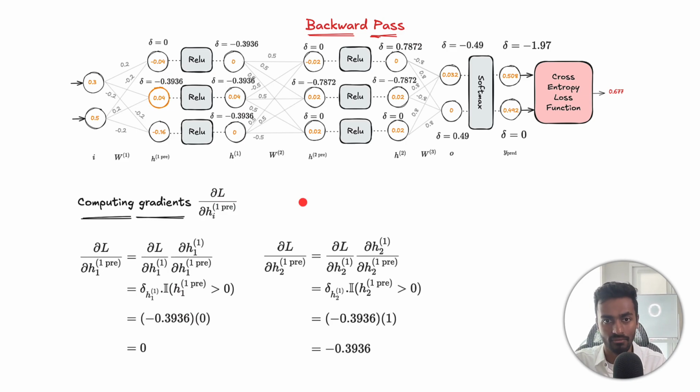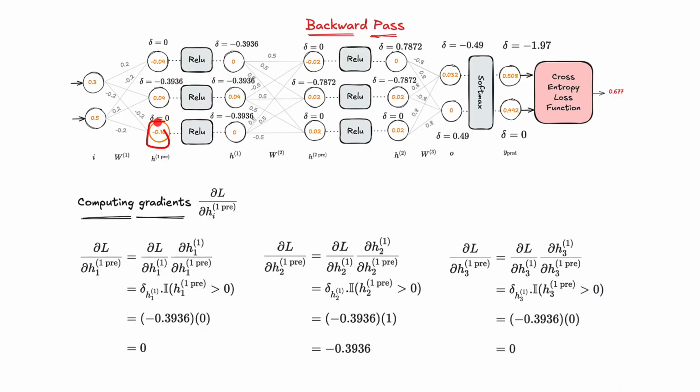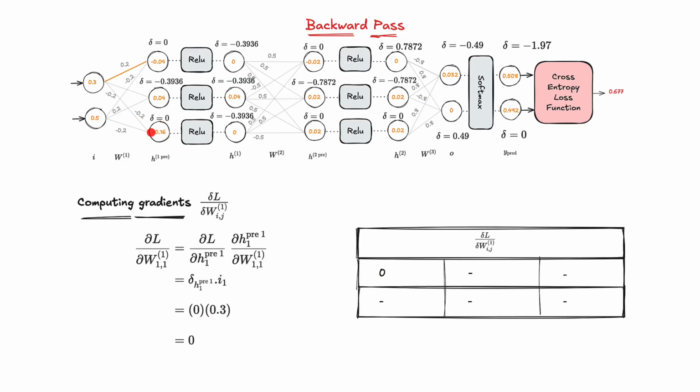Next, we do the exact same thing. Changing this neuron affects the loss by 0.3936. And similarly for this last case, we can also make the computations to get the gradient here. And now we have our last set of weights that we need to compute the gradients for. So how does this weight affect the loss? It's how this neuron affects the loss times how this weight affects this neuron.